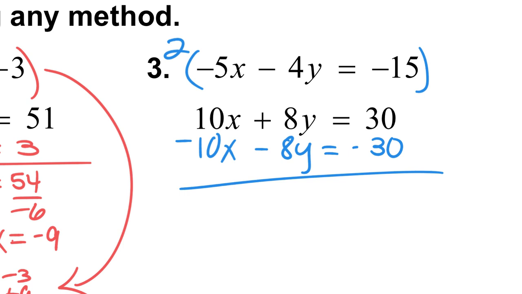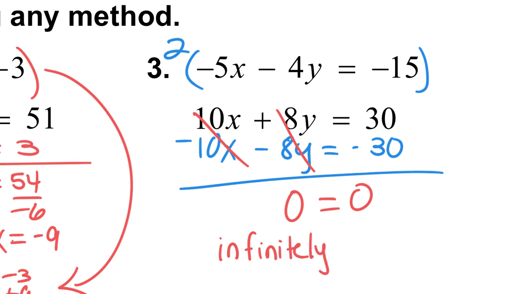As you can see, they all basically cancel out. We have 10x minus 10x, 8y minus 8y, which gives me 0, and 30 minus 30 gives me 0. This solution will be infinitely many solutions.